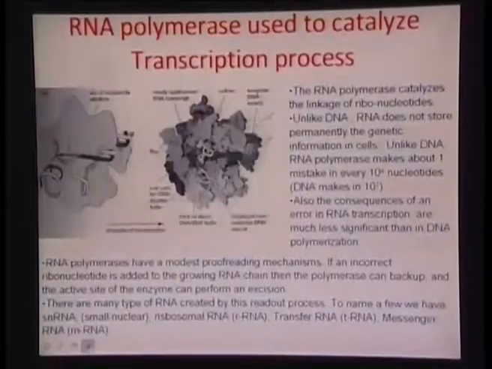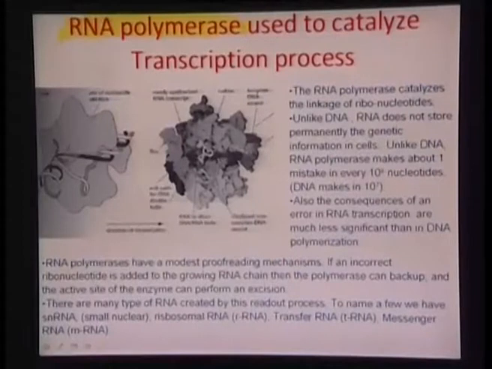So we use an enzyme here which is able to read what is there on the DNA and produce compressed information as an RNA. This enzyme is known as RNA polymerase, and it is used as a catalyst to catalyze the transcription process.